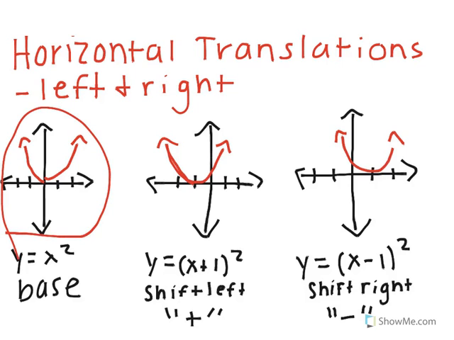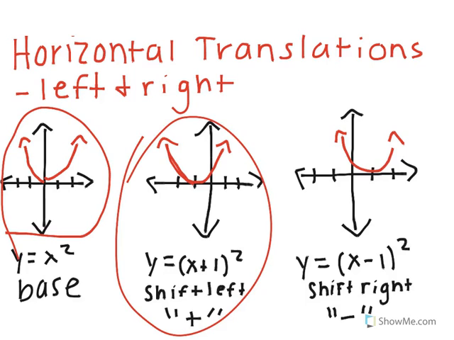Now, when it comes to horizontal translations, you can either add a number or subtract a number to the x. When you add a number, it shifts to the left, as indicated by this second example here. When you subtract a number, it shifts to the right.